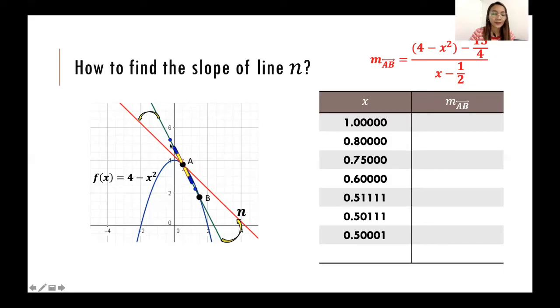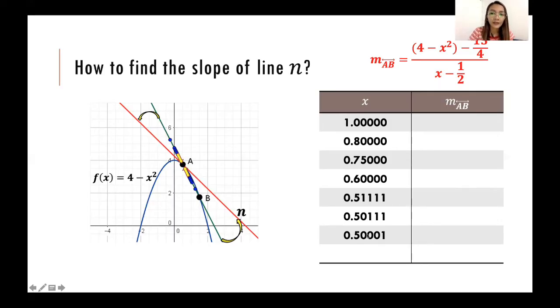Next, of course, we have the left hand and the right hand limit. So let's go to the right hand limit. We have 1.0, 0.8, 0.75, 0.6, 0.5, 0.5111, 0.50111, 0.50001.